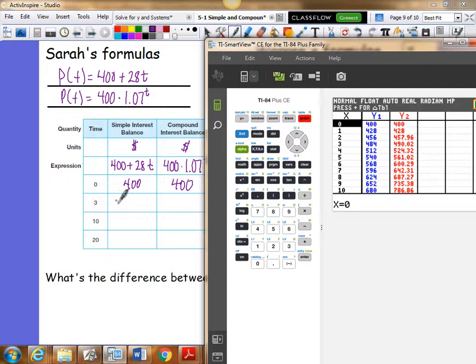Row 3 is $484 for simple interest and $490 for compound interest. Okay, row 10, 680, 786.86.